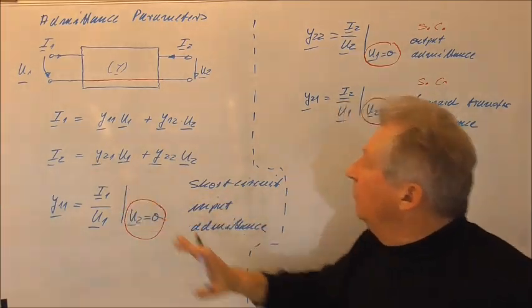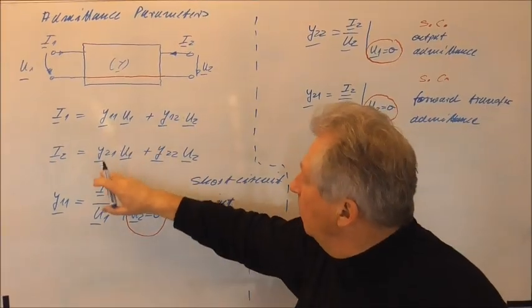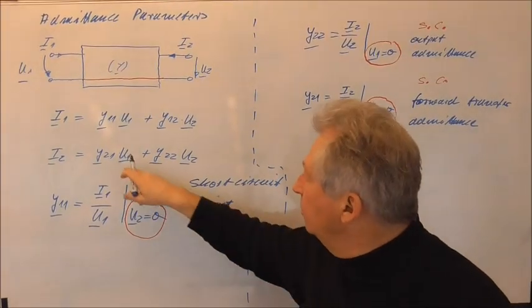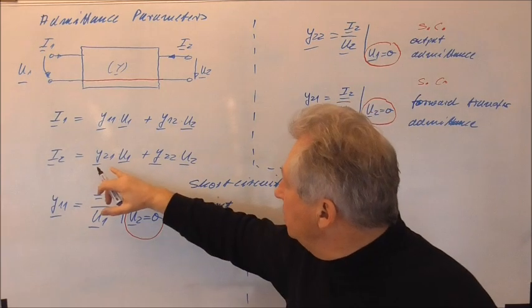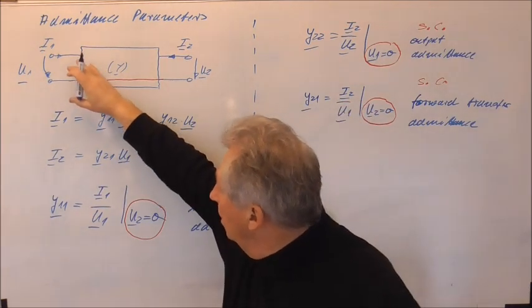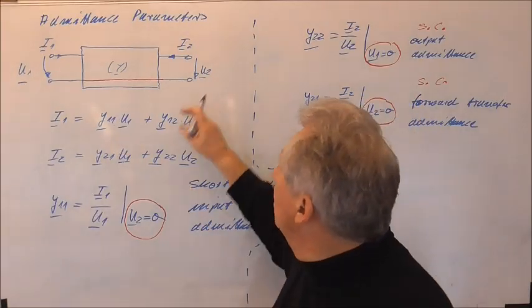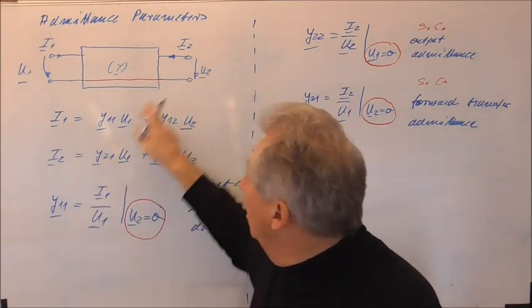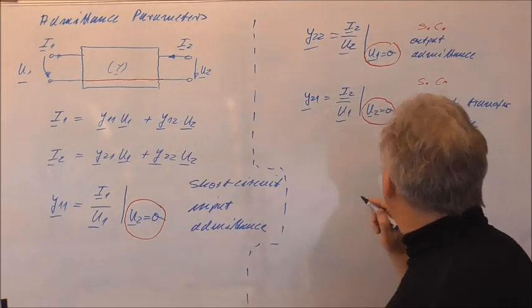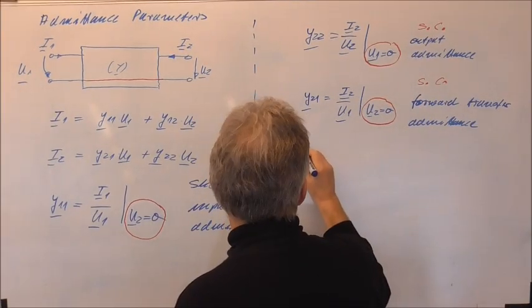Especially in the case of the BJT, this is one of the very important parameters to describe the behavior of the transistor, because we can use the base emitter voltage later on to control the collector current.